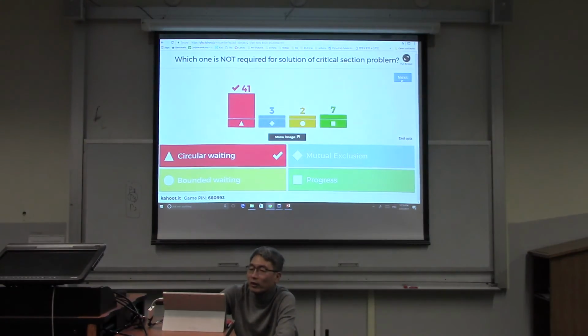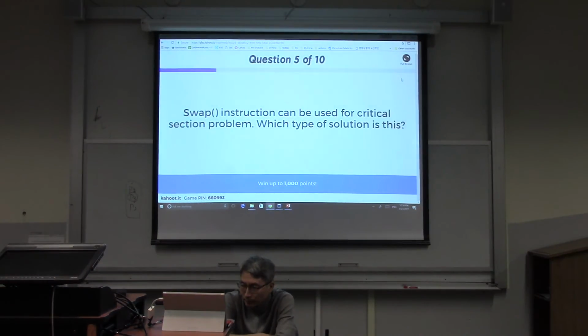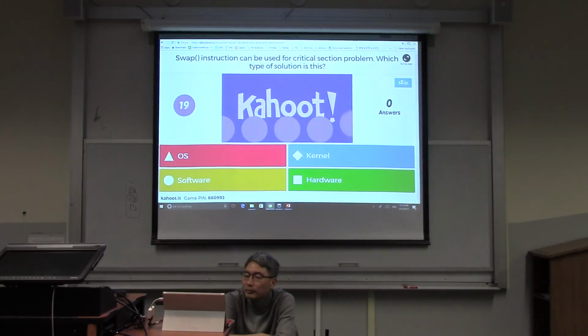In the next chapter we will learn about deadlock and its requirements. Circular waiting is one of the requirements in deadlock. Swap can be implemented by what? There are 3 types of solution: hardware, software, and OS.